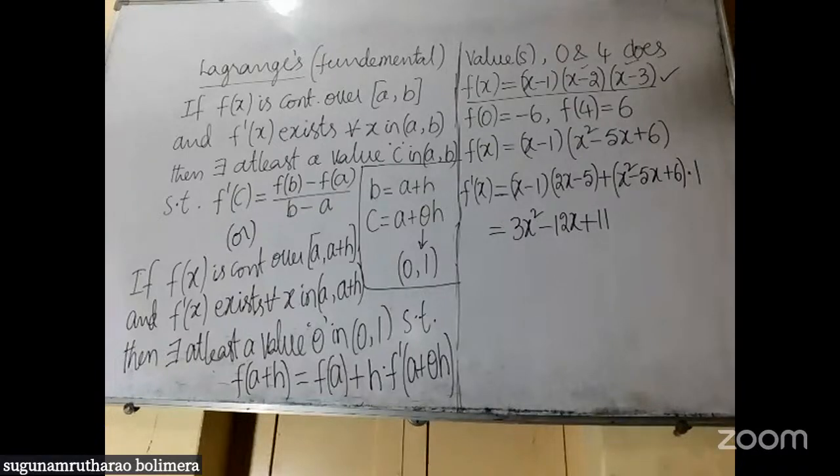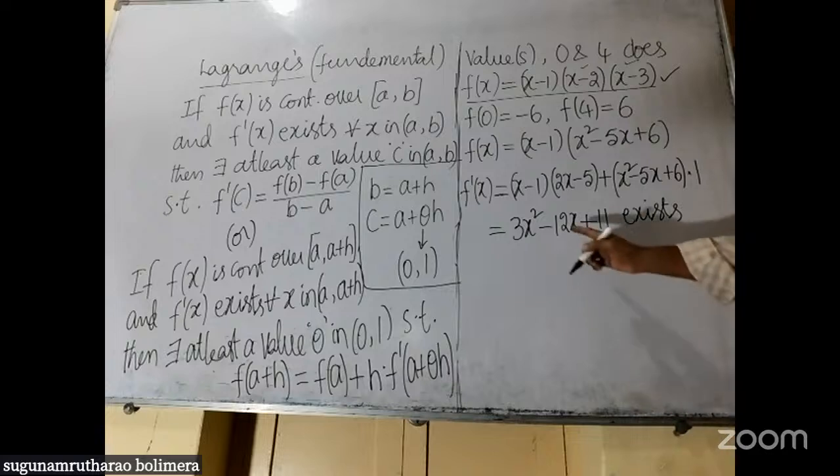Does it exist or not? You take any value between 0 and 4 in this, definitely it will be finite. It exists. Now, what do you have to do?